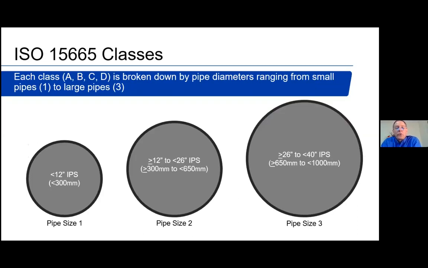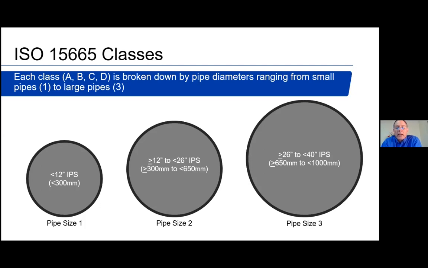So in addition to creating the four classifications of noise reduction requirements, they also break each of those down into three subcategories by pipe diameter, because the diameter of the pipe will have a big impact on not only the amount of noise that is emitted from the pipe, but also the performance of the insulation system that is being applied to try to reduce that noise level.